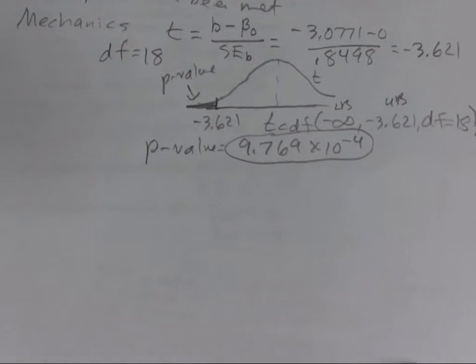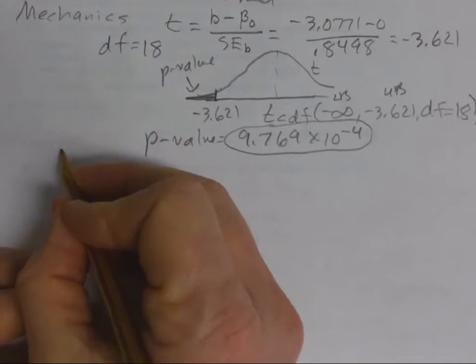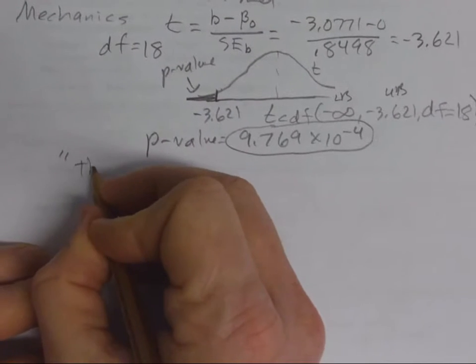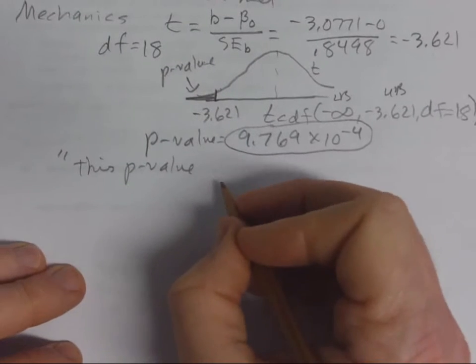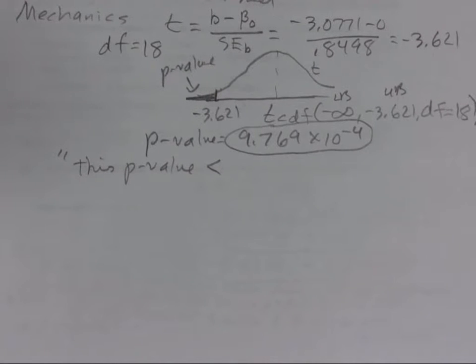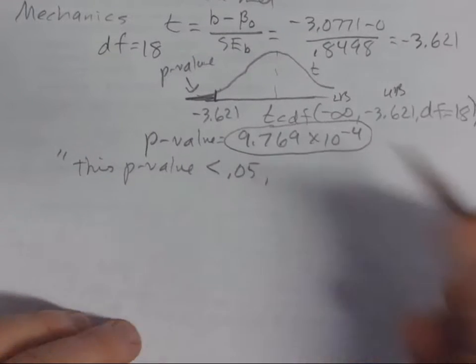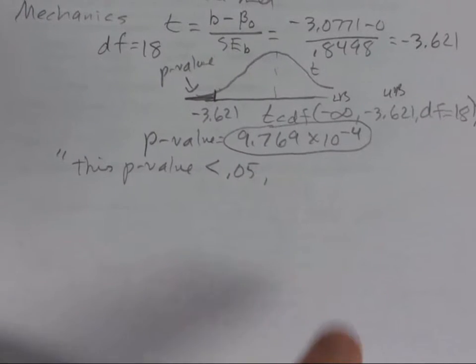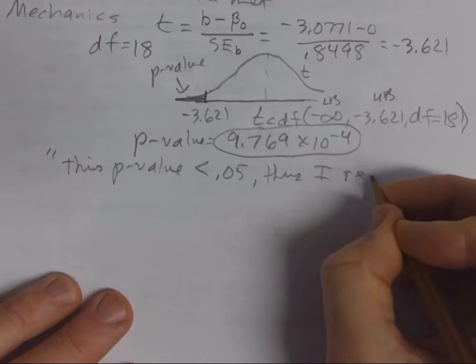And of course, then we do our p-value statement, which is just like all of our other p-value statements. You would say this p-value is less than our alpha. We weren't given an alpha, so make sure and pay attention to what the given alpha is. But we weren't given an alpha, so we use 0.05 in its place, but it's less than any reasonable alpha value. So thus, I reject the null.